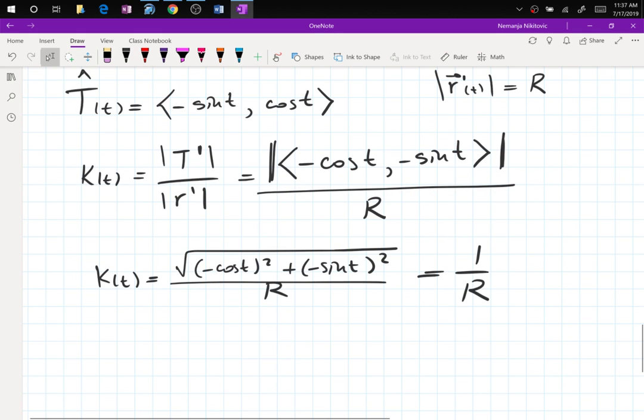This is literally a formula for a circle. Curvature of a circle at every point on its circumference is always 1 over the radius. So if your radius is 3, it's 1/3. If your radius is 10, it's 1 over 10.